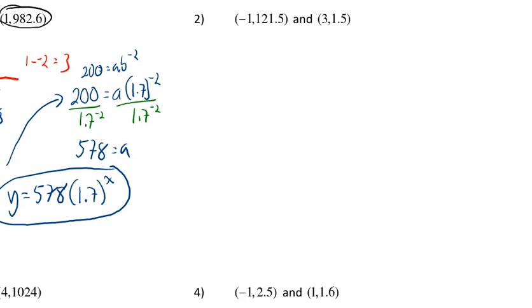So I know b should be 0 point something as a decimal, or a fraction where the denominator is larger than the numerator. All right. So just before I even do any work, I know I should expect this to look like exponential decay. My base should not be bigger than 1. It should be between 0 and 1.